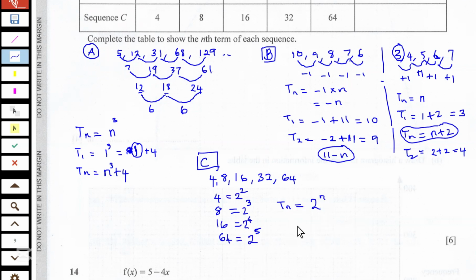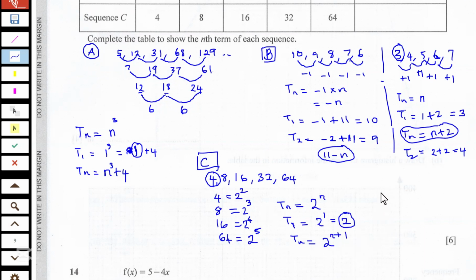Now let's try for the first term when n equal to 1. N equal to 1 will simply be 2 to the power of 1, and that is 2. Well, I need 4. For the first term is 4, not 2. So how can 2 become 4? It means we have to add 1 to the power by writing Tn equal to 2 to the power of n plus 1.